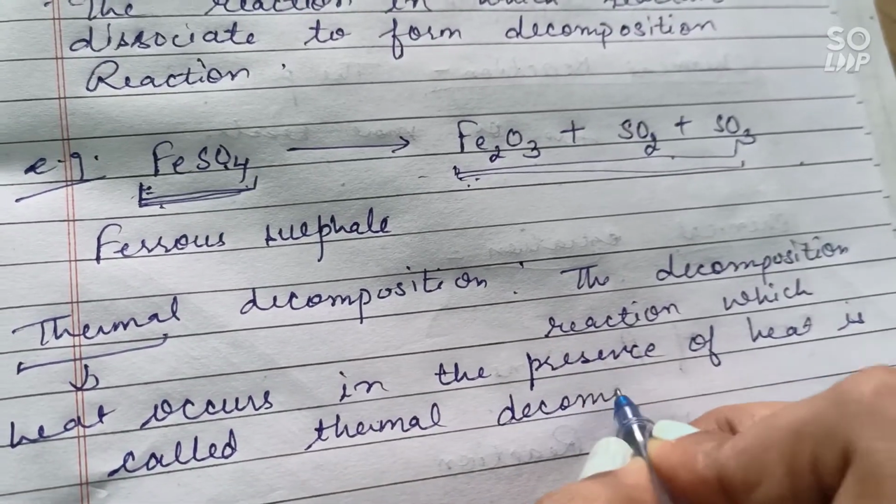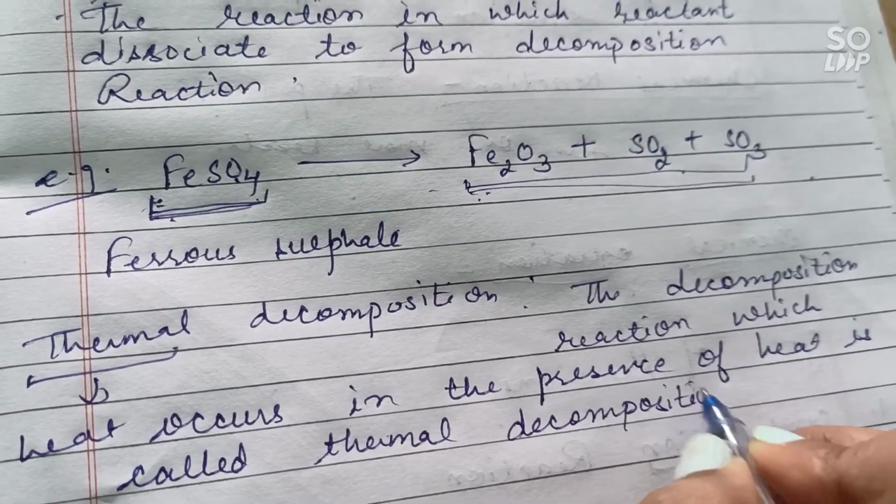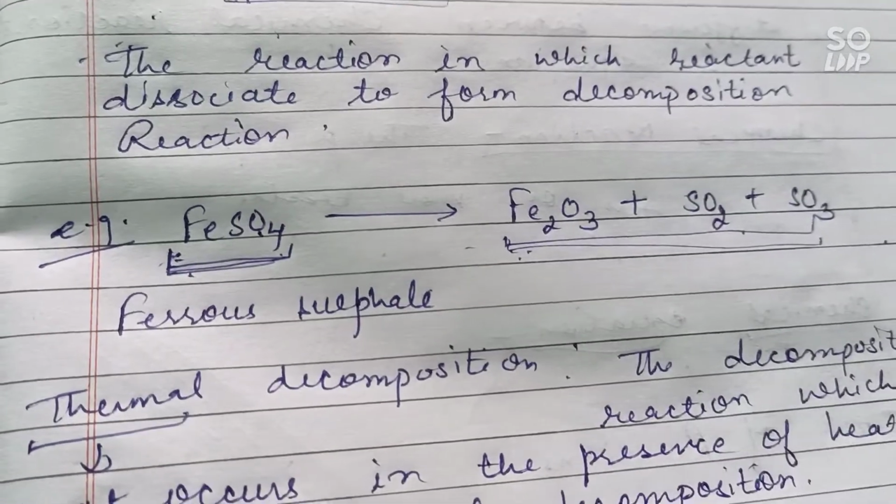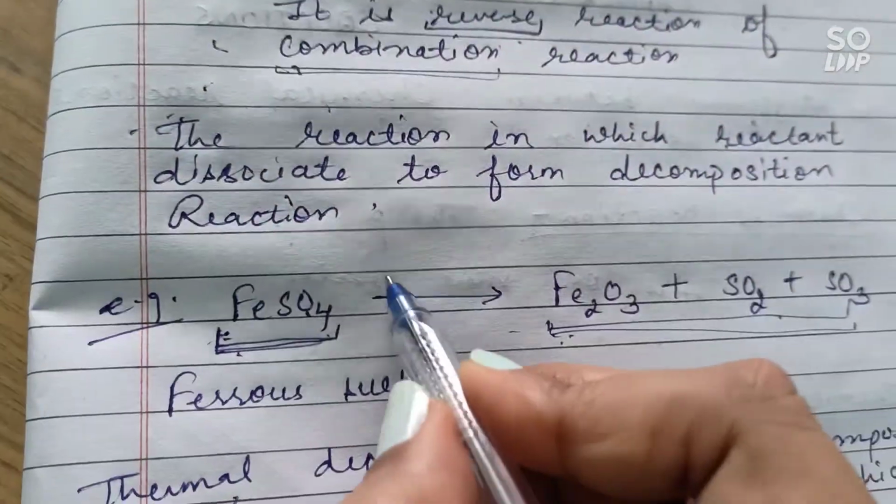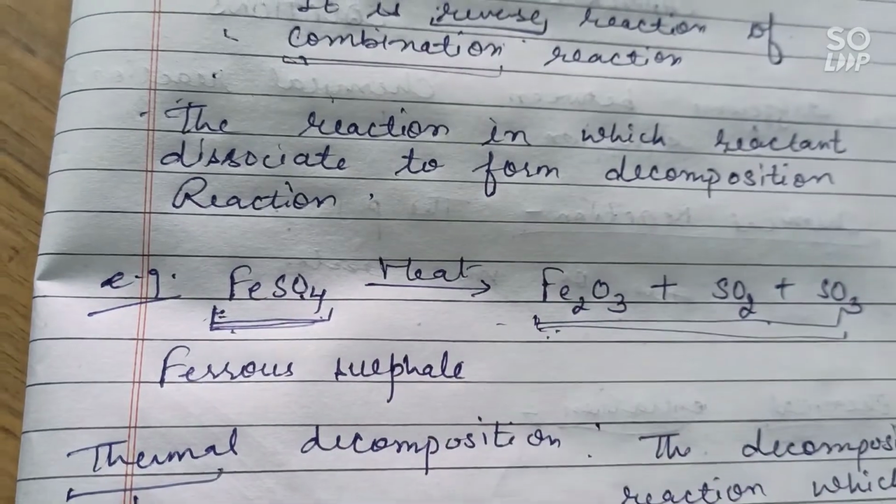Is it clear to you? Thermal decomposition. And the example could be the same because this reaction also takes place in the presence of heat. So is it clear to you?